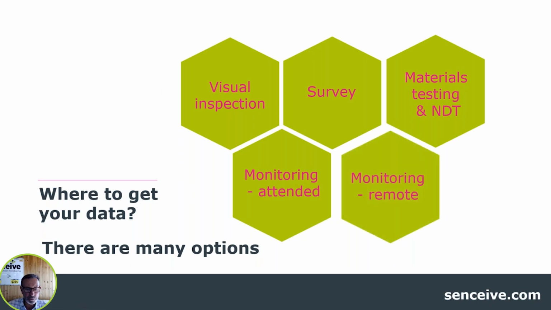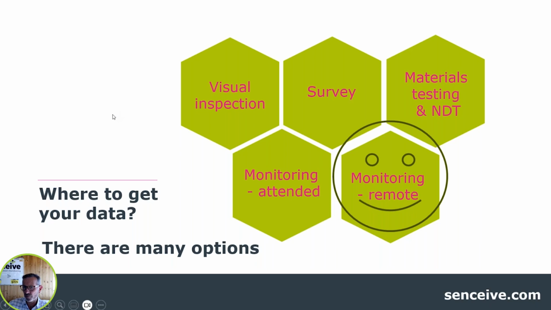We can take samples or do non-destructive testing. We could do attended monitoring, repeated survey to gather data and compare against the baseline to compare it over time. Or we can install a remote monitoring system to collate and collect data and to transmit it to a remote user. And as you may have gathered, since I'm sitting here giving a presentation about it, I'm quite a big fan of that option, really, the remote condition monitoring option.